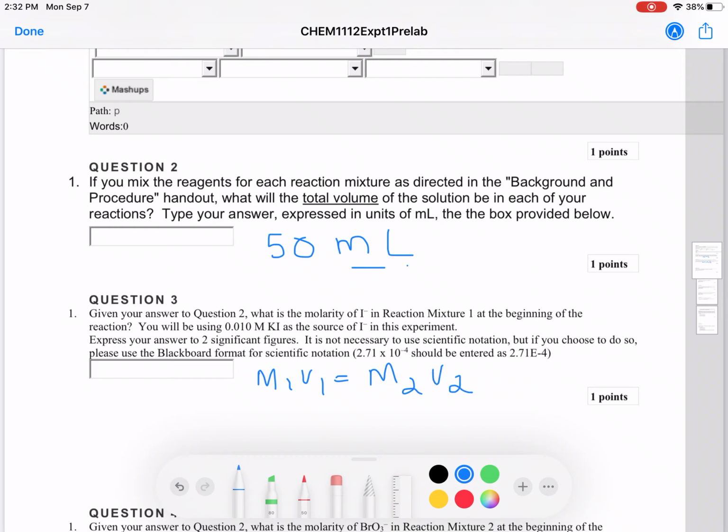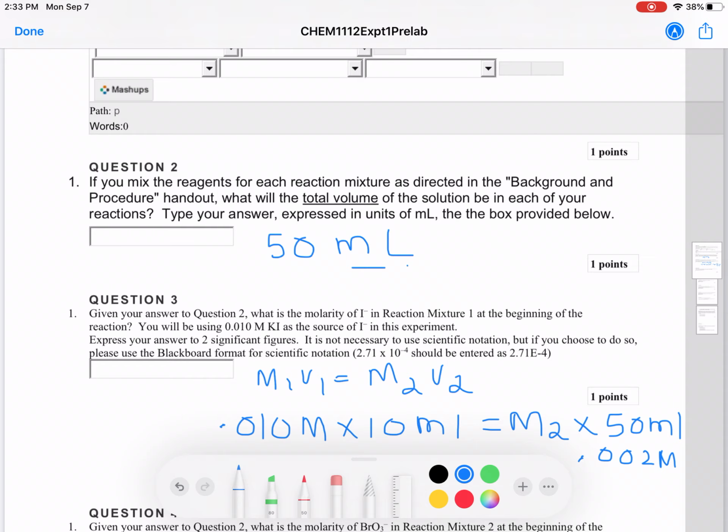So the concentration of potassium iodide is 0.010, and then the volume from the table that I showed you for reaction mixture 1, you will be using 10 milliliters. And then the M2 you don't know, and the total volume is going to be 50 milliliters. So when you do that calculation, you can find the M2. Do the proper calculation and check to see if you are getting 0.002 molar solution.